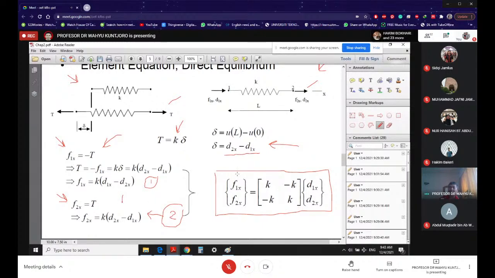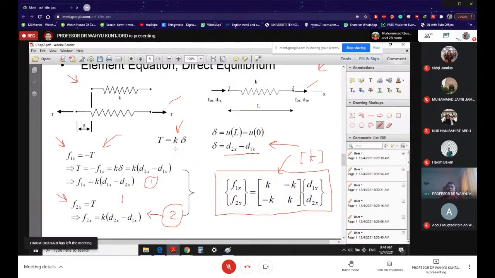And then this F and D are connected by the K. And this K here is not the same as that K. This K here is actually your element stiffness matrix, and this K here is actually the value of the spring stiffness.